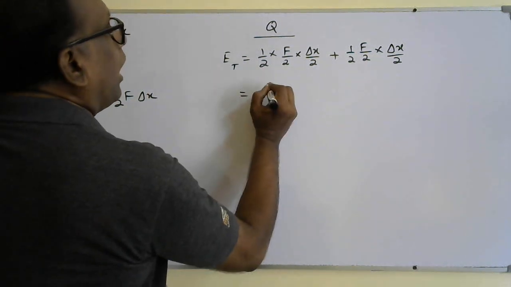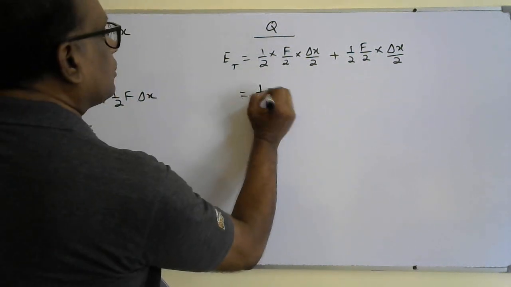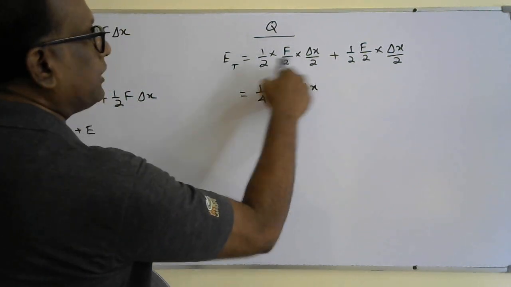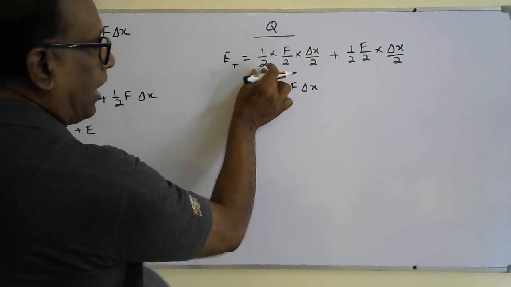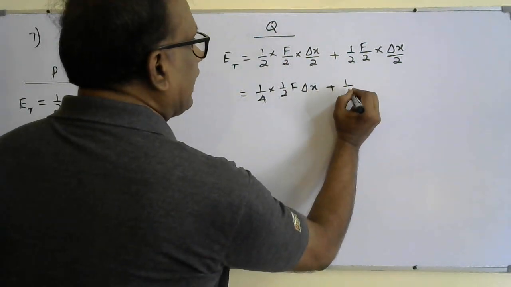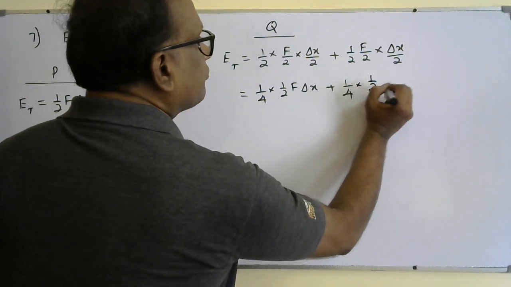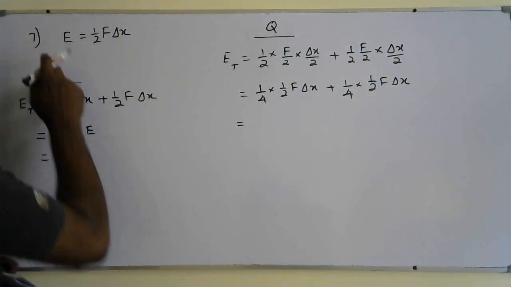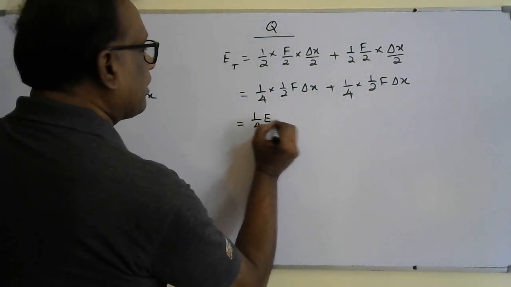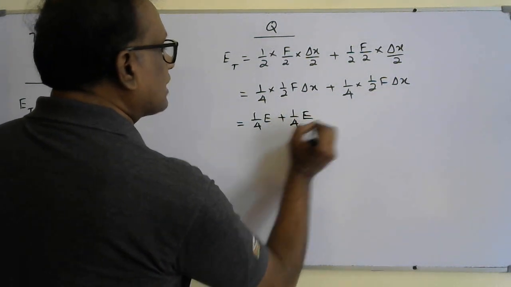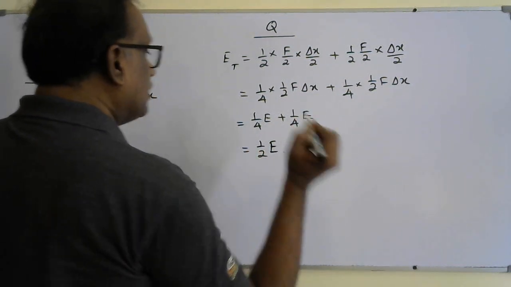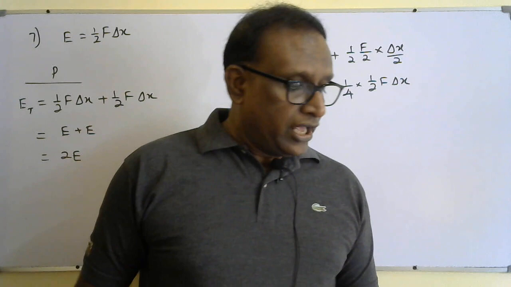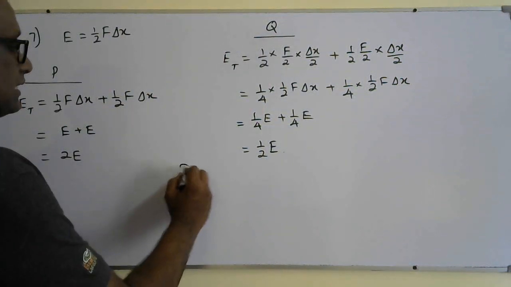So it's going to be 1/4 of half F delta X, 2 into 2 is 4, I took it outside, plus again 1/4 of half F delta X. So half F delta X is E, so 1/4 of E plus 1/4 of E. That's going to be half E. So here also, if you follow this equation, half F delta X, you will get the same answer, the correct answer, D.